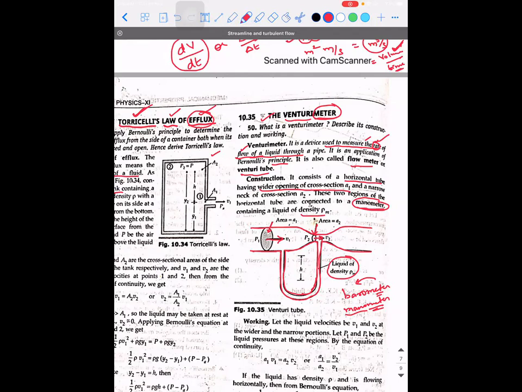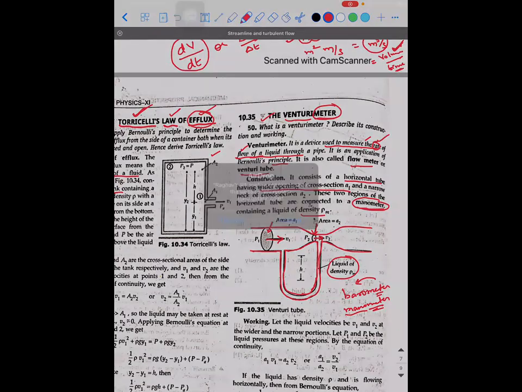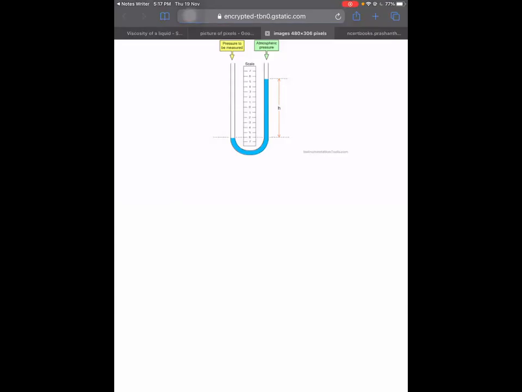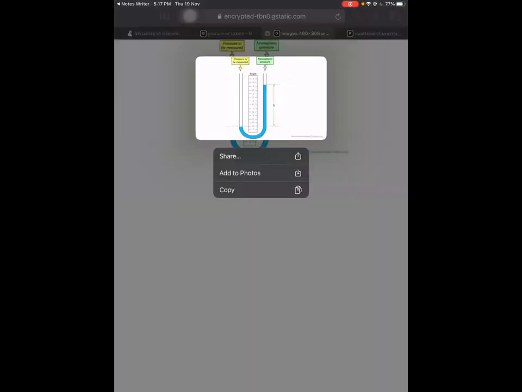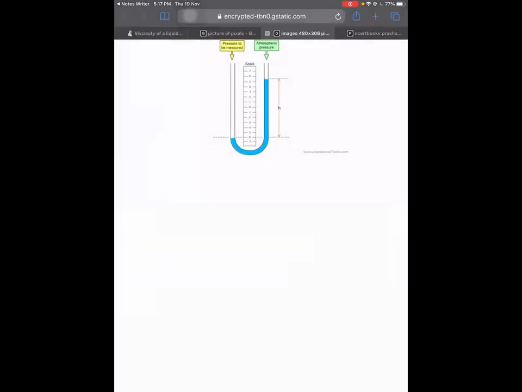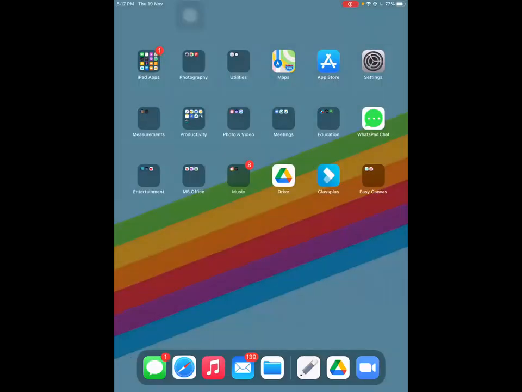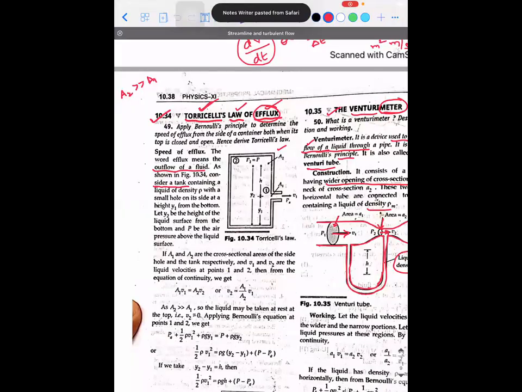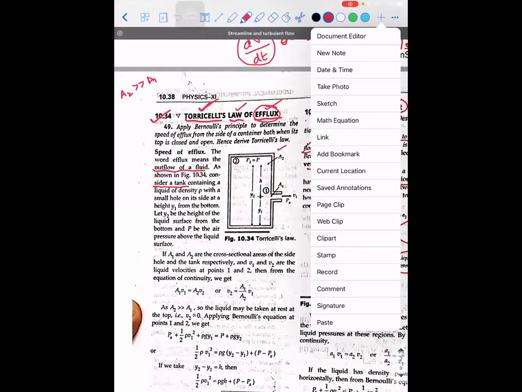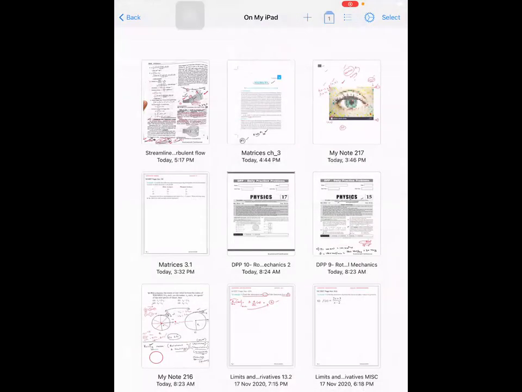Okay, generally it looks like this. I'll share a picture. It will be a tube like this. One minute.